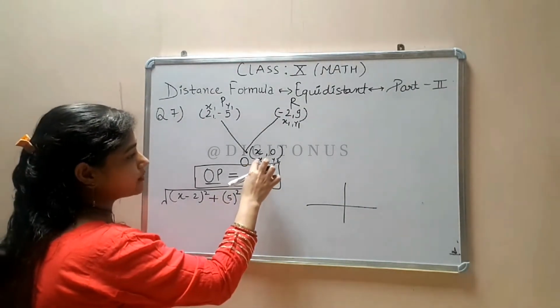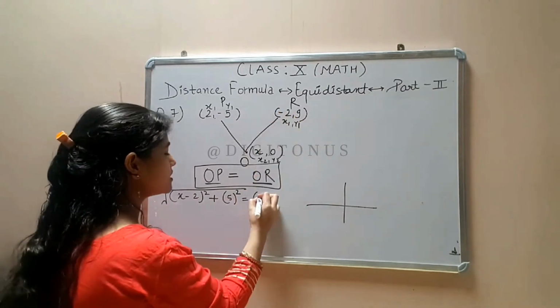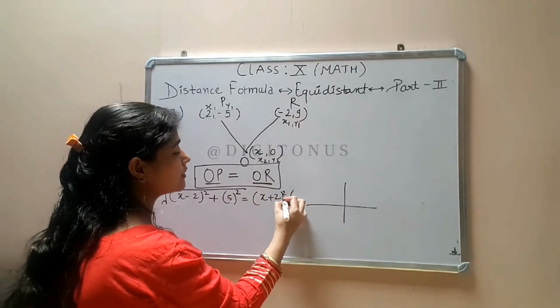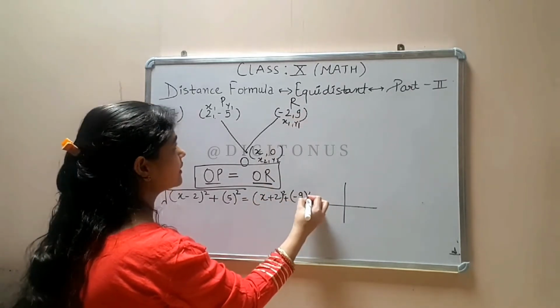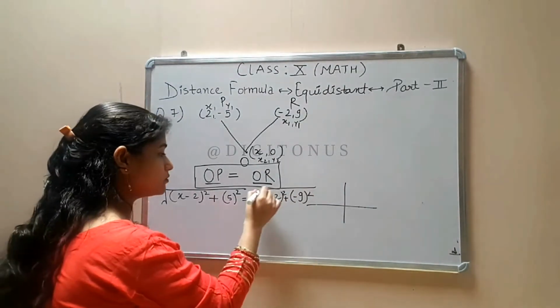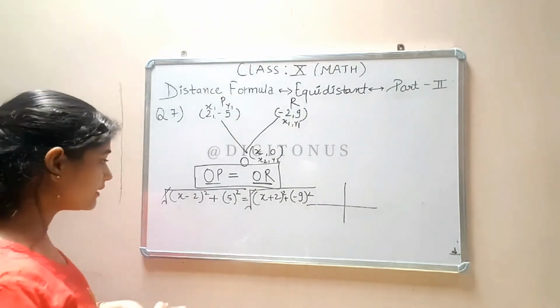Okay, now you start applying. So x2 minus x1: x minus minus 2, means (x plus 2) whole square, and 0 minus 9 means (minus 9) whole square. Is it clear till here? And under root and under root will be cancelled. No need to take that.